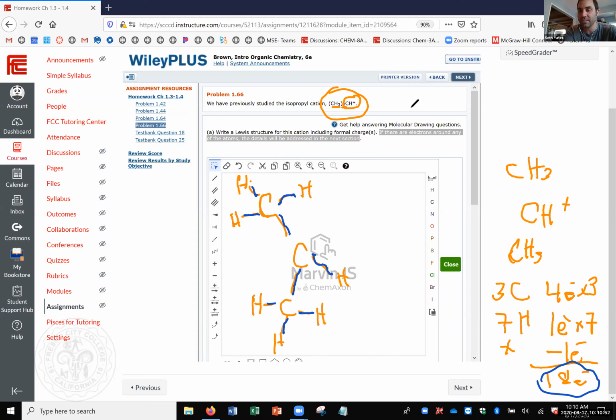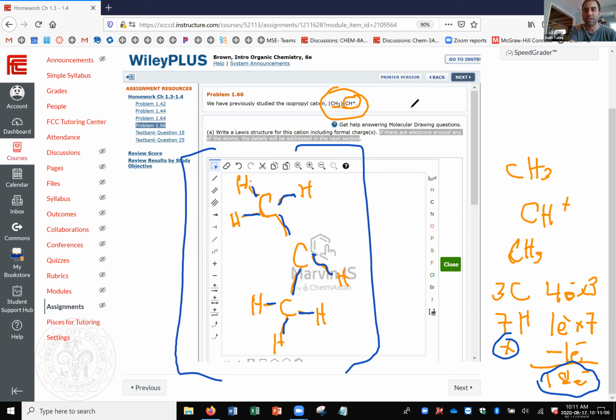And then last, there's the issue of this positive charge. Where does that go? Well, you can leave it out of the Lewis structure sometimes. I think in your previous classes, sometimes we'd put brackets around something and put a positive charge out here. That's not wrong, but we like to bring that positive charge into the structure as a formal charge. So you can see which atom has the formal charge here: the carbon. We know carbon had the original 4 valence electrons, 1, 2, 3, 4.